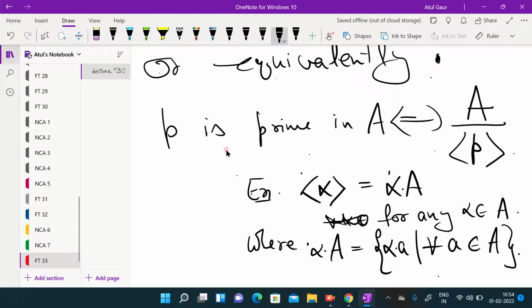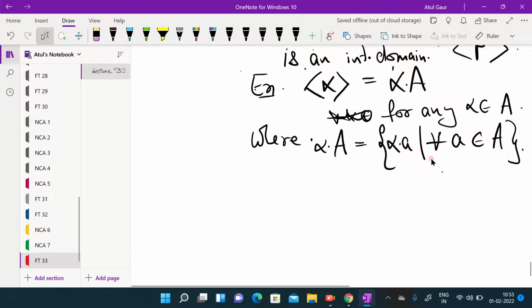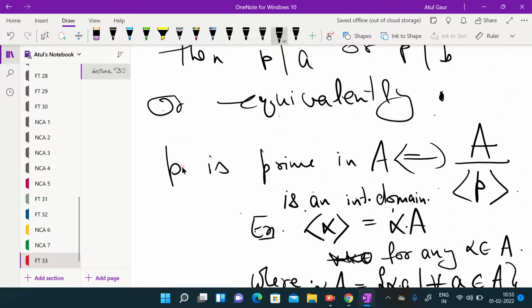ठीक है, तो come back to this, or equivalently this quotient ring is an integral domain. ठीक है, is that fine? Yes. Okay, तो ये इक्विवेलेंस देख कर लोगे?